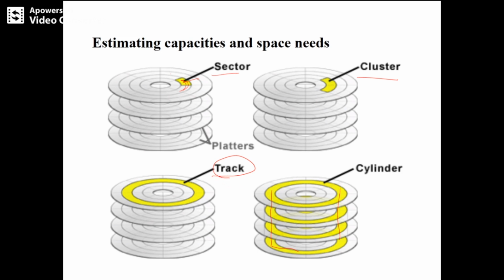So the sector is the smallest part of the platter, and combining two or three sectors gives you a cluster. Combining the clusters together, we can form a track. Combining tracks together, we can form a cylinder.